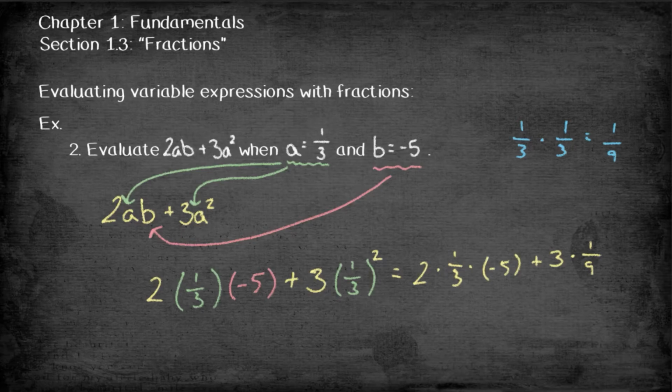Okay, now to simplify even further, we're going to be simplifying the first term, which means that we're multiplying these three numbers together. That product is going to be negative.